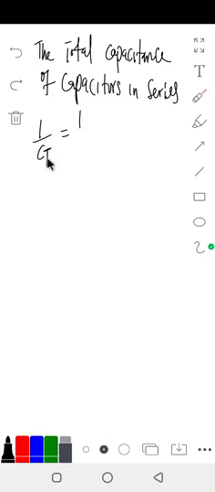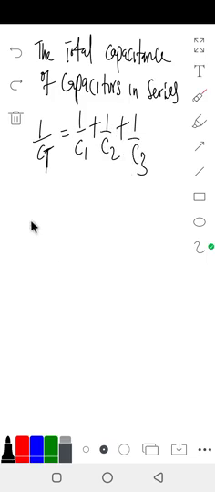The reciprocal of the total capacitance is equal to 1 over C1 plus 1 over C2 plus 1 over C3. It is like the way you calculated the total resistance of a parallel connection of resistors. The same thing. The series connection of capacitors is like the parallel connection of resistors.